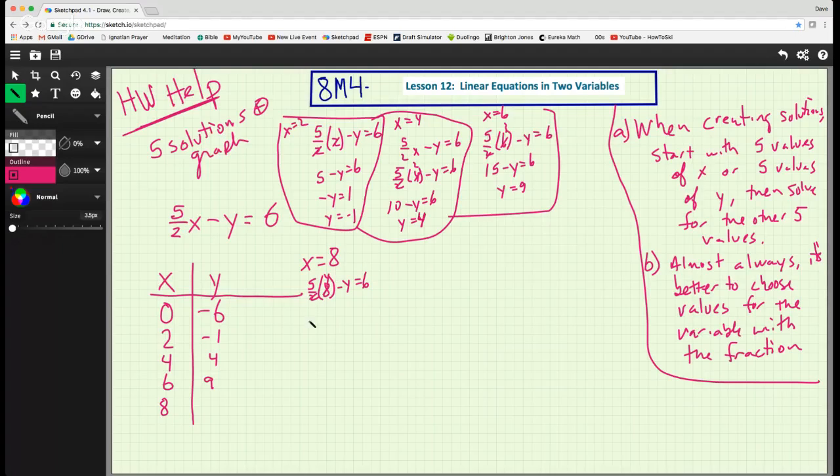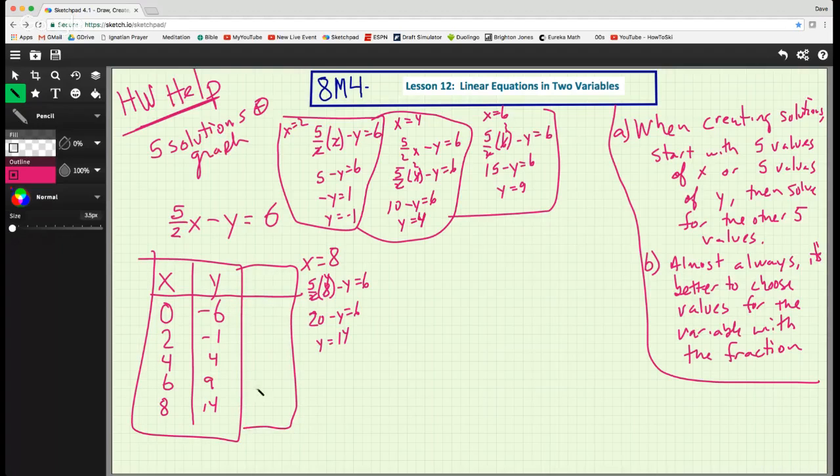Cancel, cancel, 4. 20 minus y equals 6. Y equals 14. So there's my ordered pairs. Let's write them as ordered pairs now, x comma y, alphabetical order. 0 comma minus 6. 2 comma minus 1. 4 comma 4. 6 comma 9, and 8 comma 14.